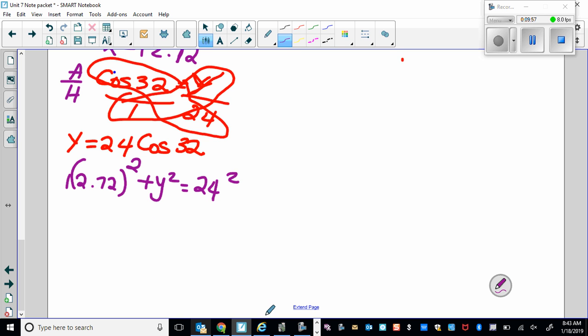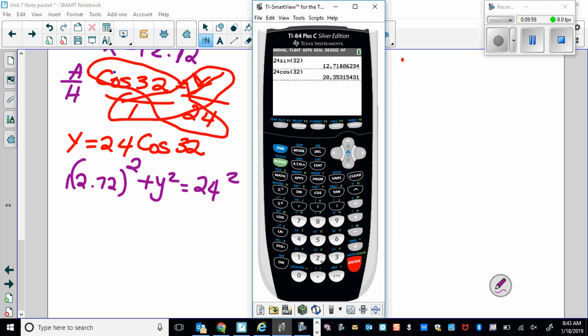I'll go to my calculator and put 24 squared, which gives you 576, and then 12.72 squared, which gives you 161.29. So I need to take the difference between the two, 576 minus 161.29.